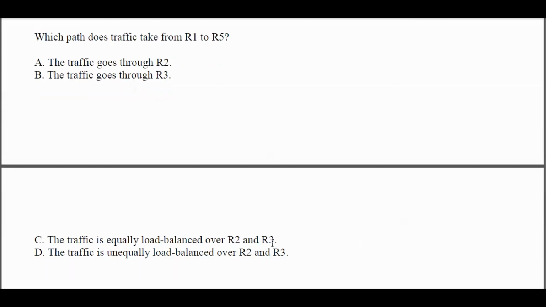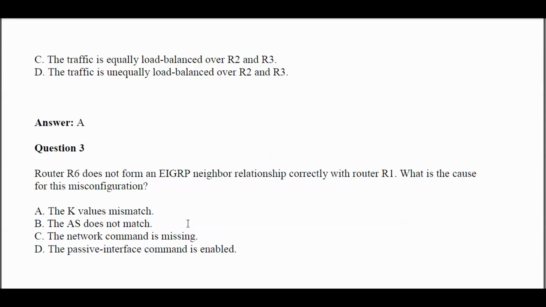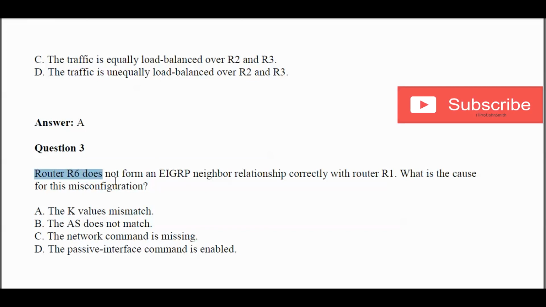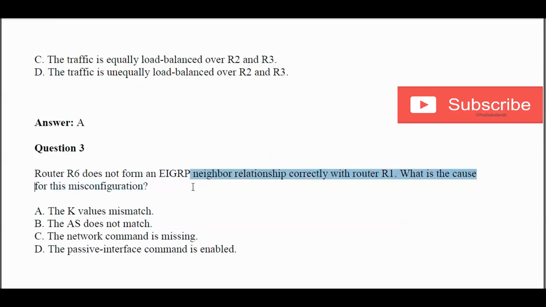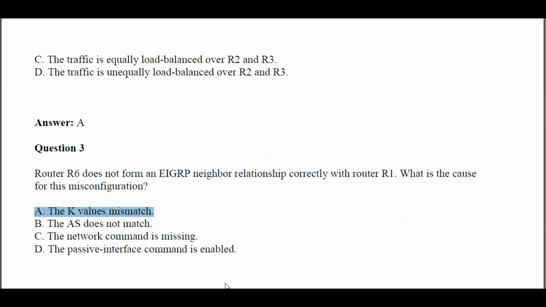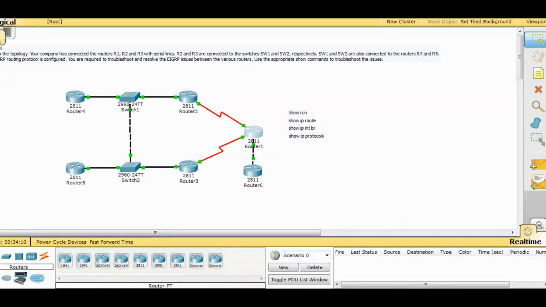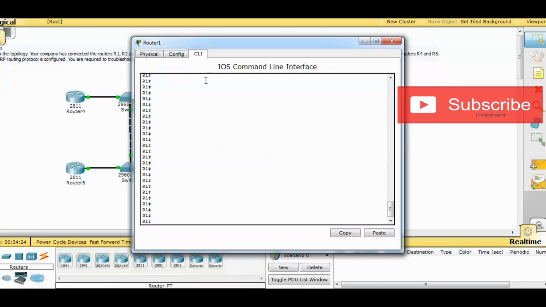So now let's go to question number 3. Router 6 does not form an EIGRP neighbor relationship correctly with router 1. What is the cause for the misconfiguration? So let's try the K-value mismatch. Let's check router 1 first.